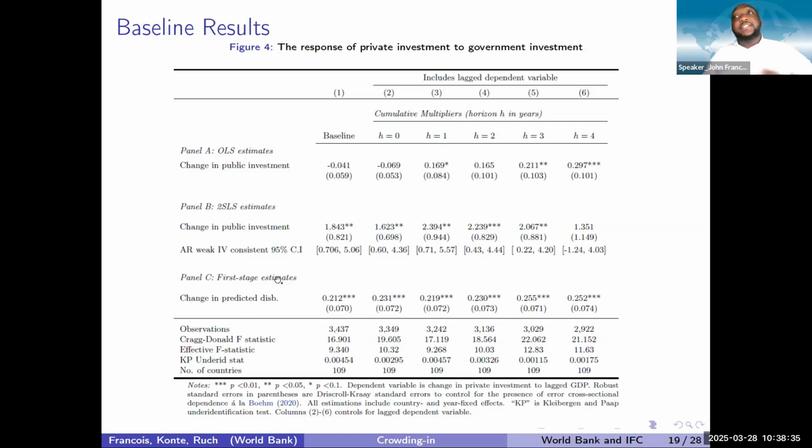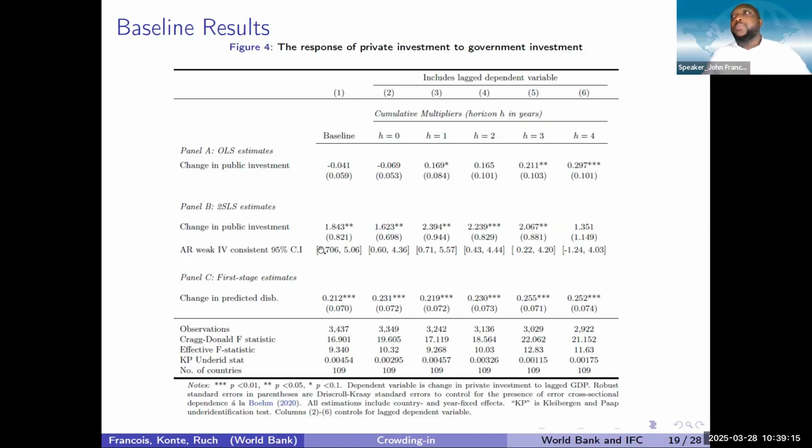And one of the key things that we want to see is the relationship between our predicted disbursement of official loans, which is our IV, and its impact on the change in public investment. So you can tell that at the first stage, the IV that we use is strongly correlated with the change in public investment, okay? And in IVs, you always want to look at your F-stats, and our F-stats are a little bit on the margin because in some cases they are slightly above the rule of thumb of 10, but in some cases they are slightly below, right?